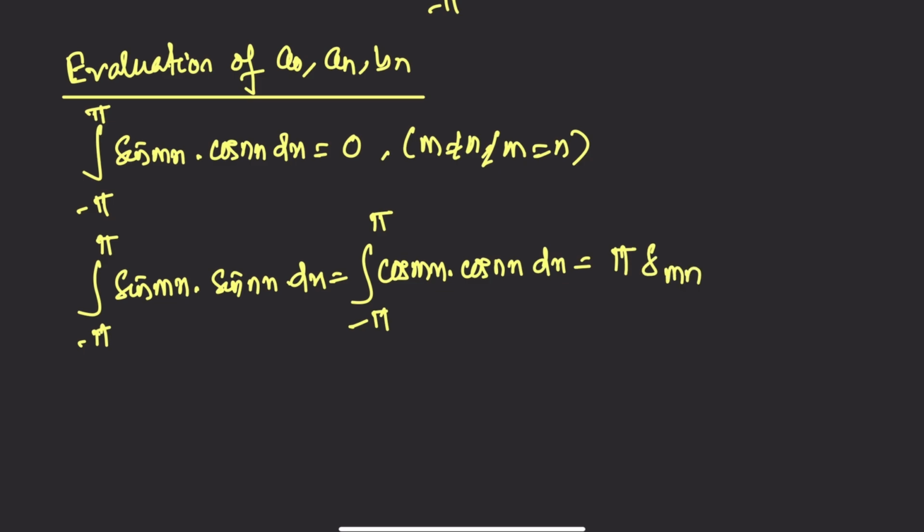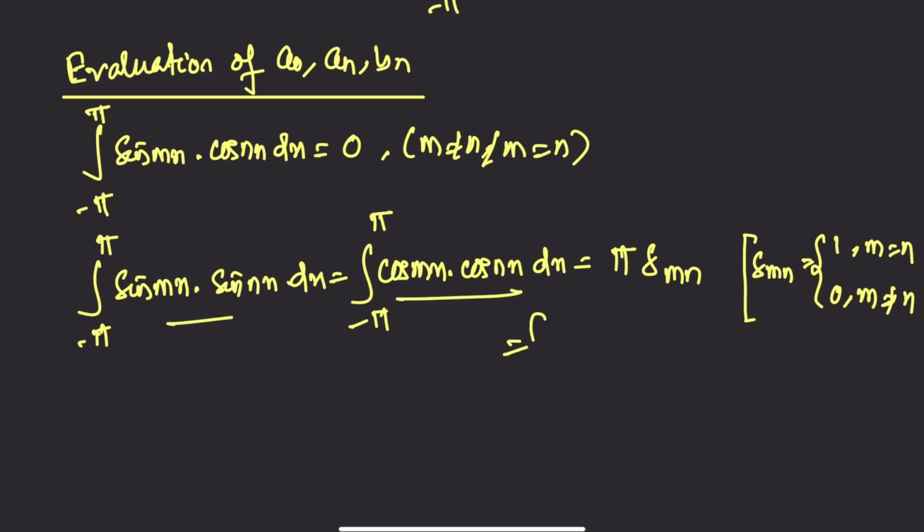We know the property of Kronecker delta: it becomes 1 when m equals n and 0 when m is not equal to n. So this integration gives two values, pi when m equals n and 0 when m is not equal to n.